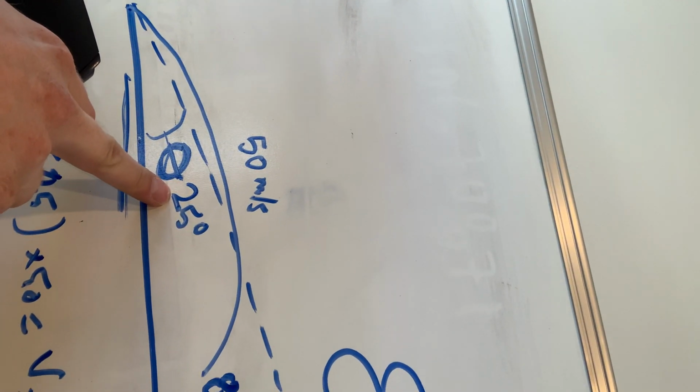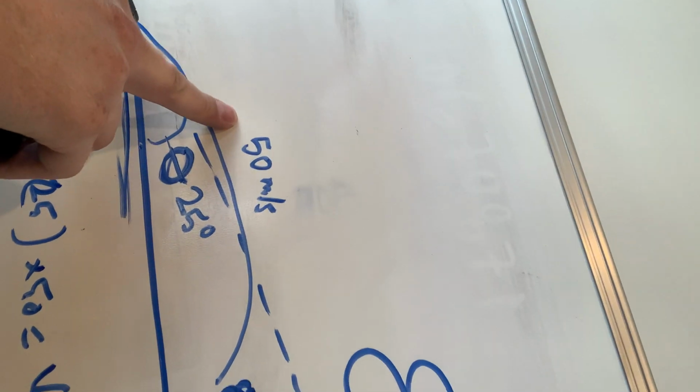Okay, so we're going to use the y final equals y initial plus vy initial delta t minus 1/2 g times delta t squared. The only thing we don't have is the velocity in the y direction initially, but we can figure that out because we have the angle and the initial velocity.